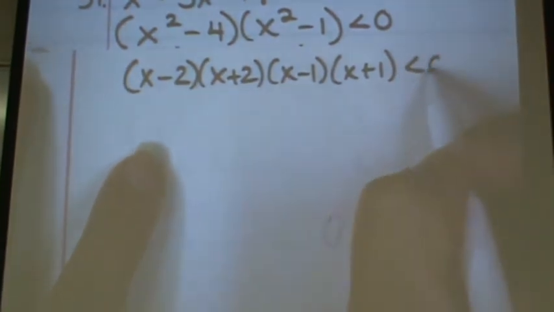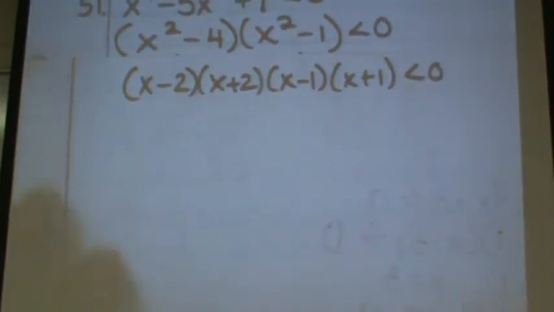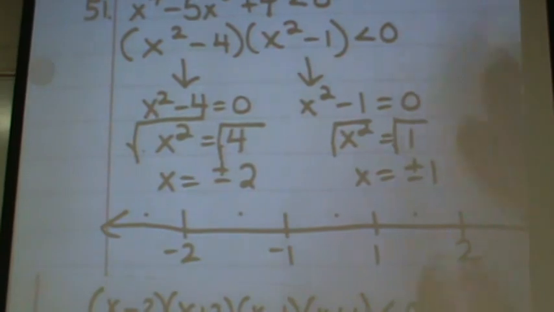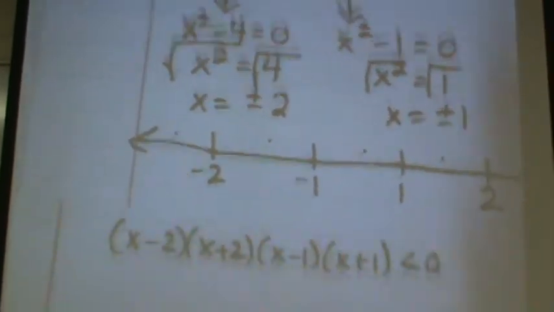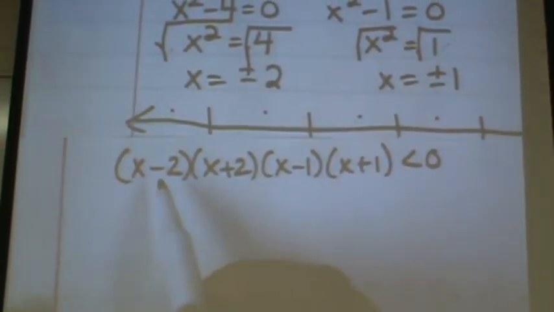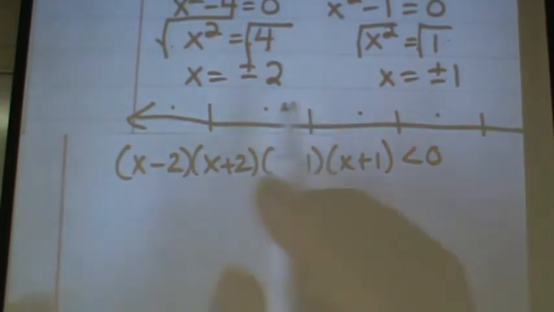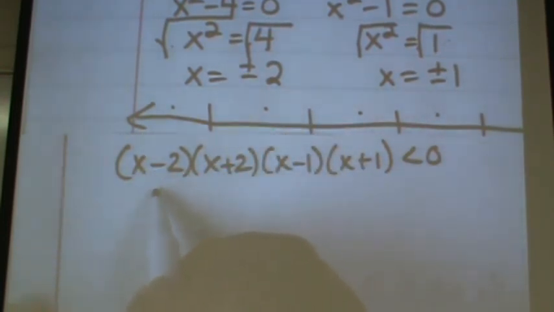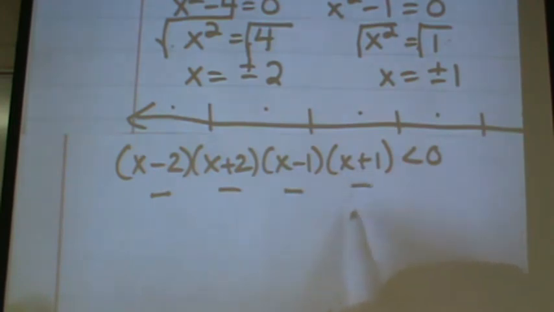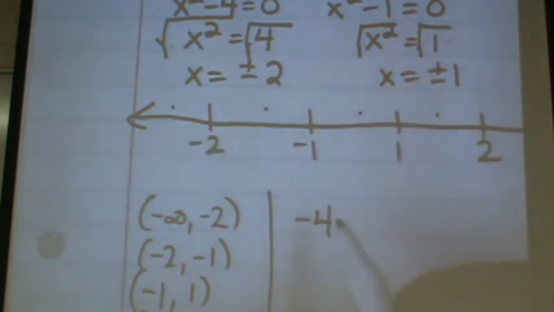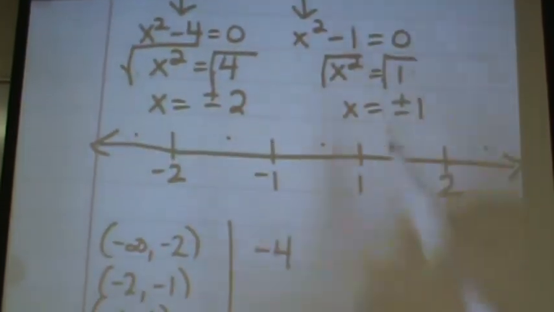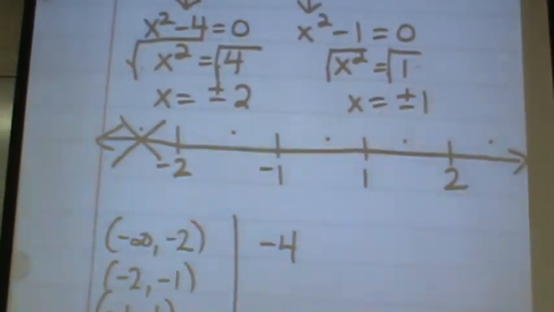That's fully factored. So when we test -4, you put a -4 in each factor and you get a negative in each one. Well, 4 negatives multiplied together is positive, and a positive number is not less than 0. So this region doesn't work.